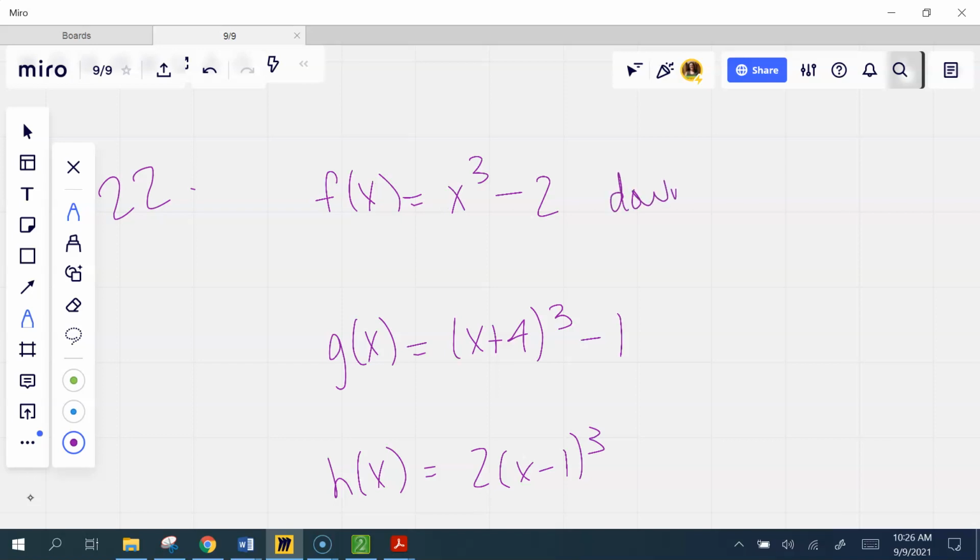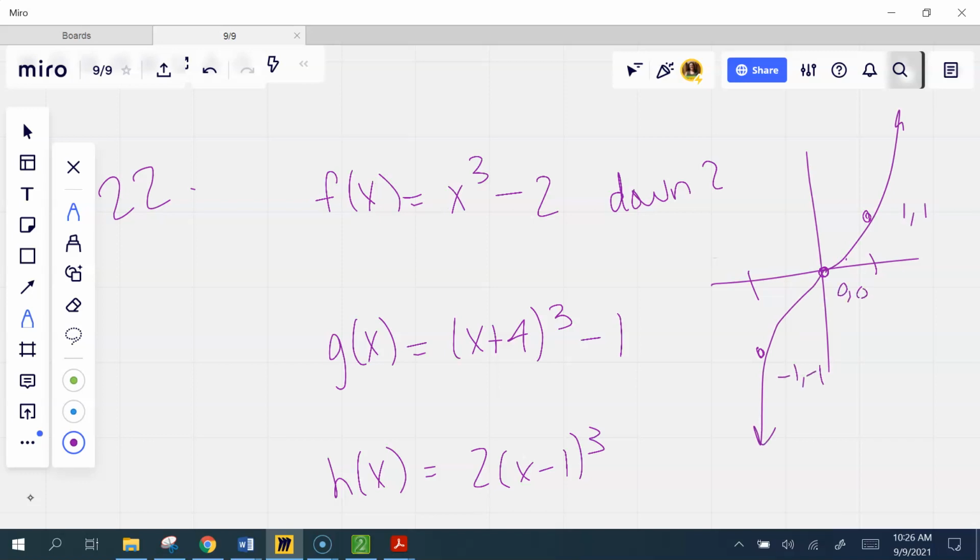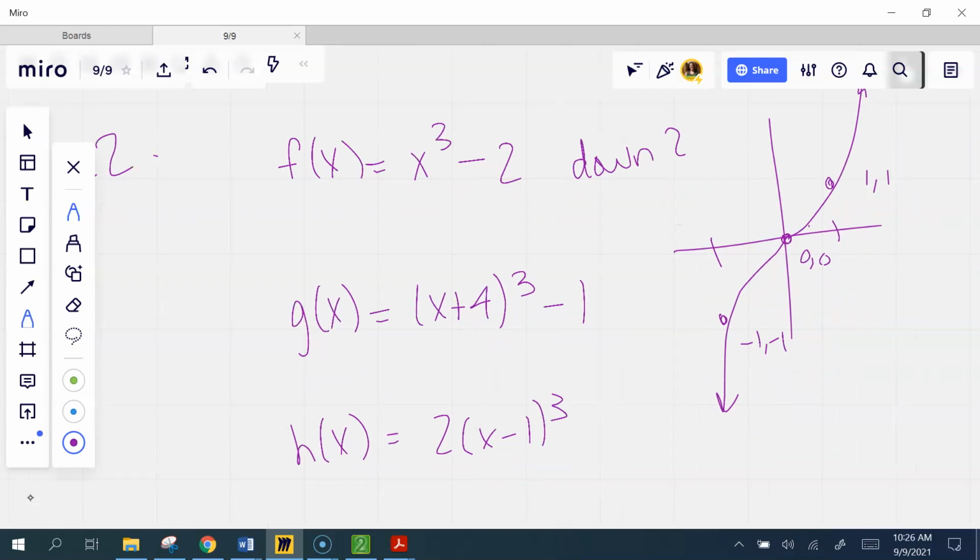This one is down to every point on that parent graph. And remember, we're using those points that we said were important points to graph with from your must-know functions. Every point on there goes down 2, which means you subtract 2 from the y value. Does that make sense? So 1, 1 would become what?